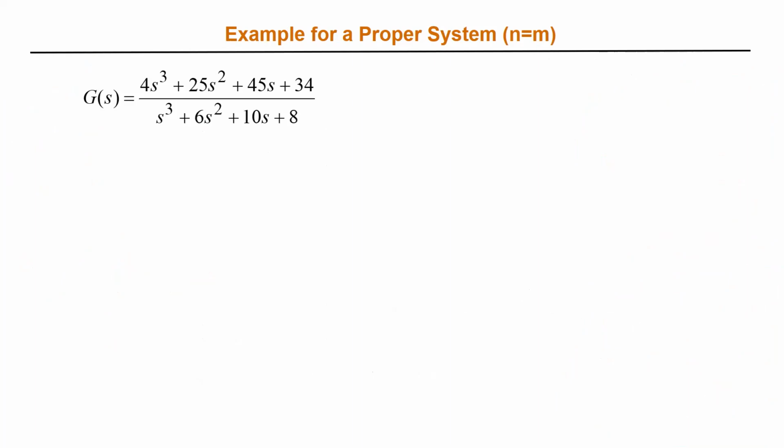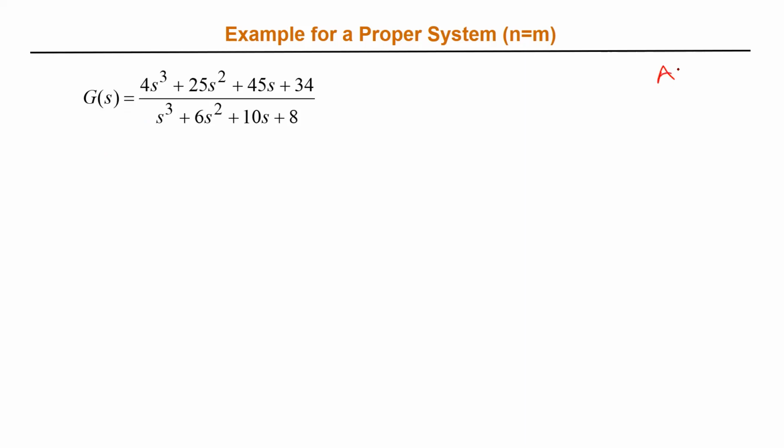First of all, so far we were addressing the case where the denominator degree is greater than the numerator degree. Now in this case they are equal, so the system is just a proper system. So how do I proceed? Do long division.